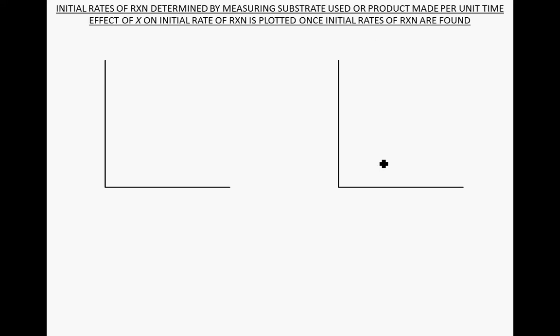So in the lab, again, there's some confusion as to what you're doing with the computer and what you're expected to print out and talk about in the mini poster. Initial rates of the reaction are determined by measuring either substrate used or product made. In our lab, we were measuring how much product was made per unit time, not how much substrate went away. So the graph that you're seeing on the computers had a time component in seconds.